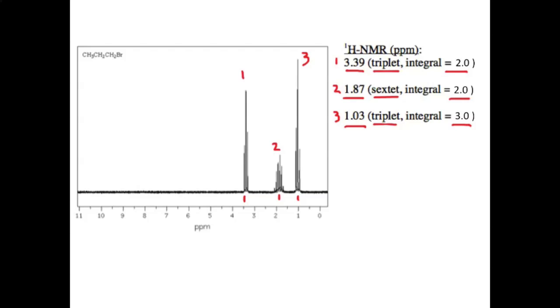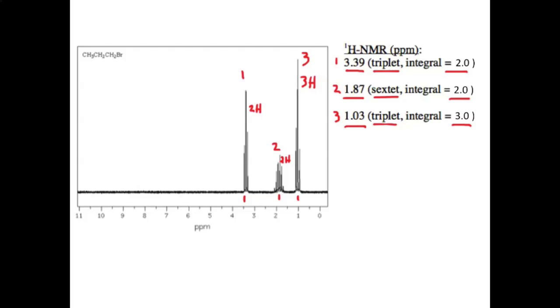In your spectrum, usually that would be given next to the peak, where you might see 2H, 2H, and then 3H, indicating the integral value. So this is really the way NMR spectra are presented to students.